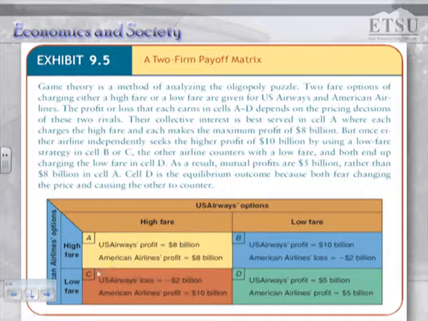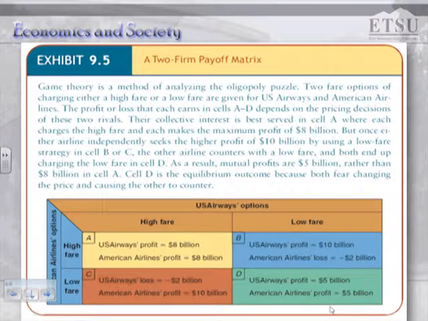American has an identical incentive structure. They would be better off as a group here, but American's incentive is to charge a low price. So each of the airlines would be better off if they colluded and went for the 8. But since each of the individual airlines has the incentive to go for the 10 here and go for the 10 here, that is, each of them charging a low price, they wind up in cell D here, where each earns $5 billion profit.